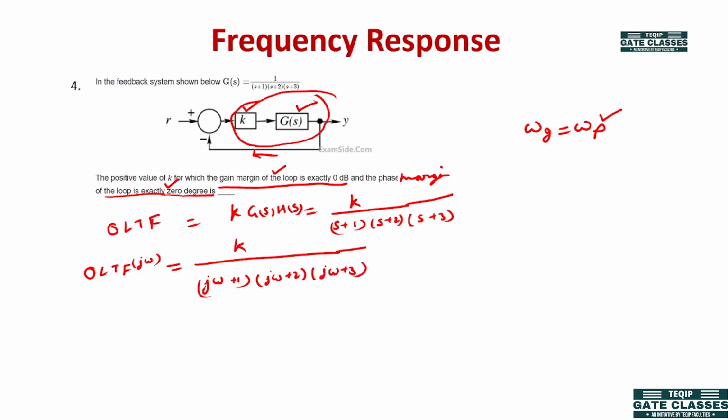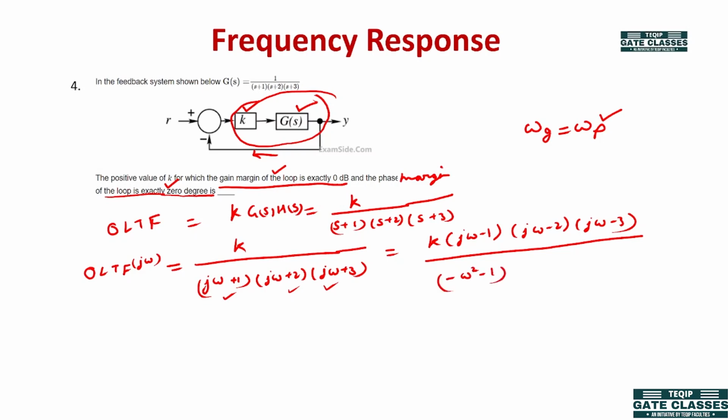So let's multiply with the complex conjugate of each term. We get k into j omega minus 1, j omega minus 2, j omega minus 3 divided by minus omega square minus 1, minus omega square minus 4, minus omega square minus 9.